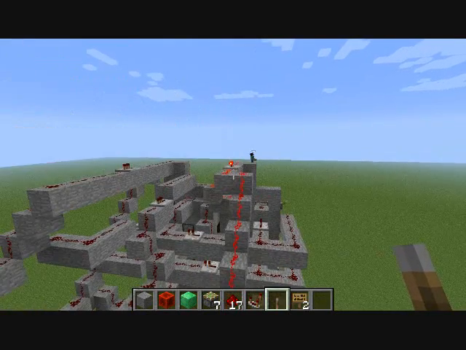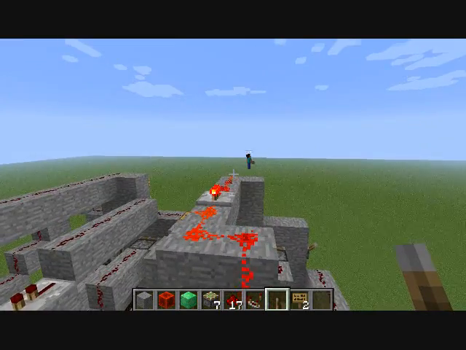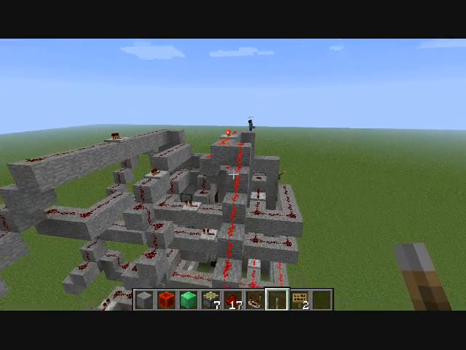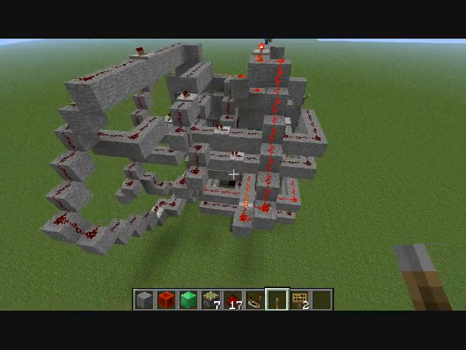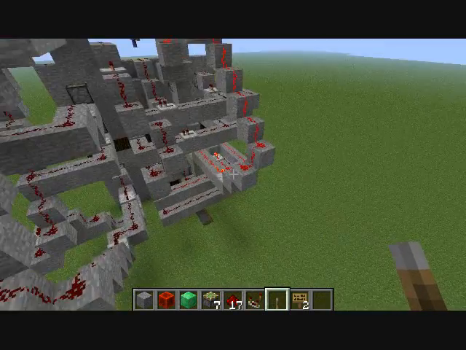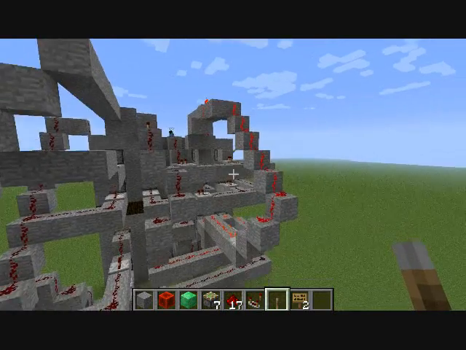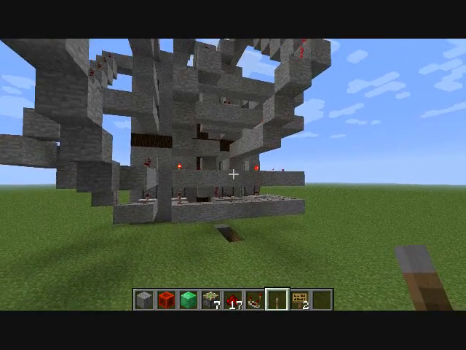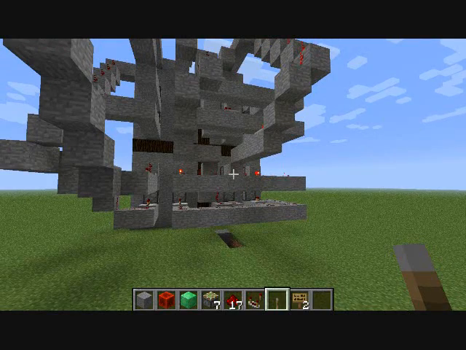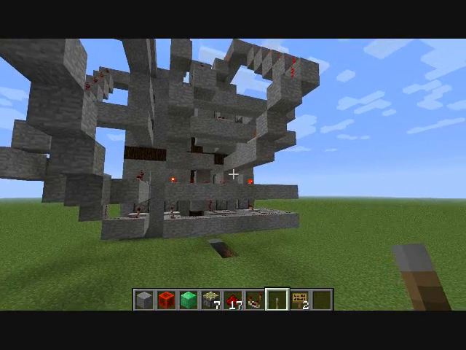But this is a little bit more difficult. You'll have to build a path that has steps, as redstone cannot go straight down. So you can see here it connects to the lever, and it comes around and connects to the correct sticky piston down here.